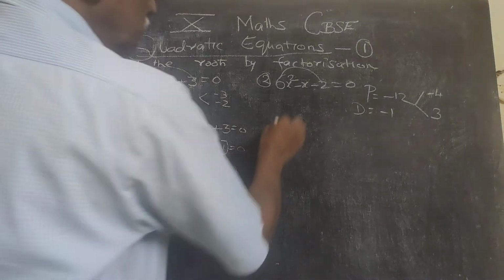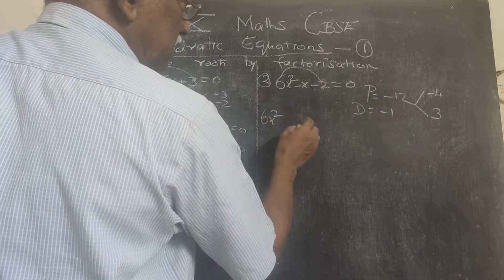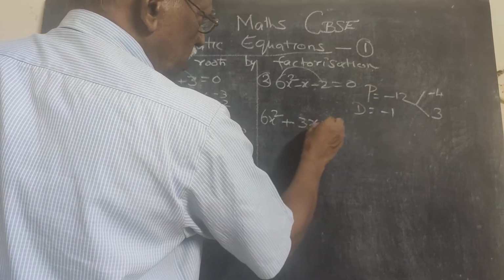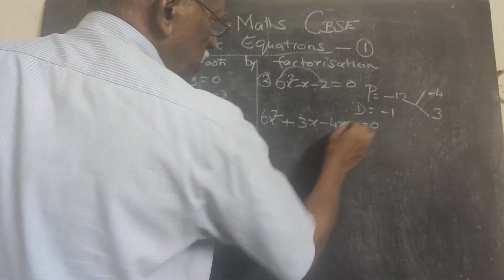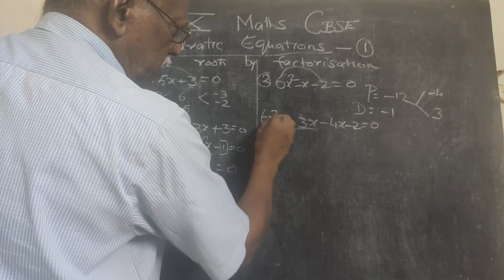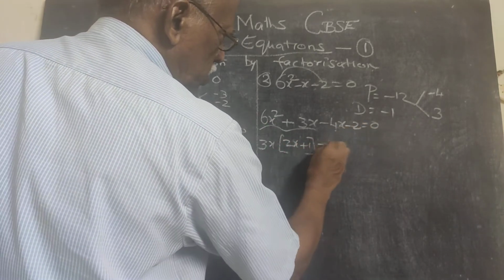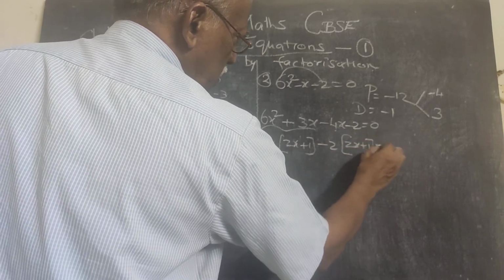So rewrite this. 6x square minus x. First I am writing 3x, and this is minus 4x, minus 2 equal to 0. Of this, take 3x outside: 2x plus 1. Out of these two terms, take minus 2 out: 2x plus 1.